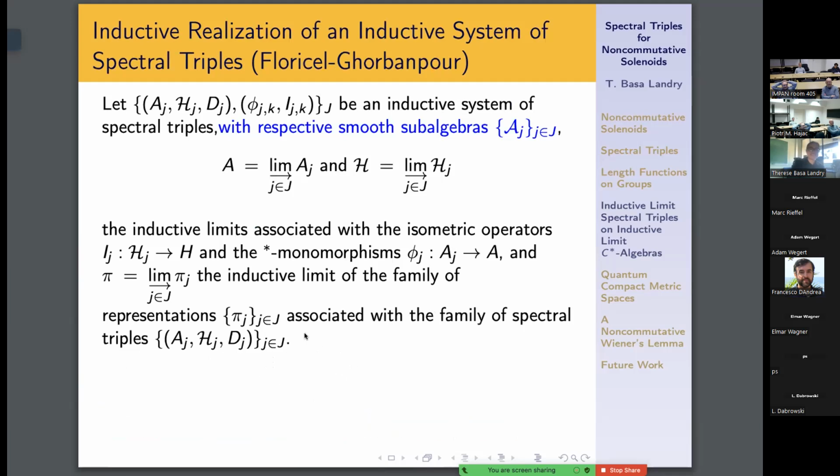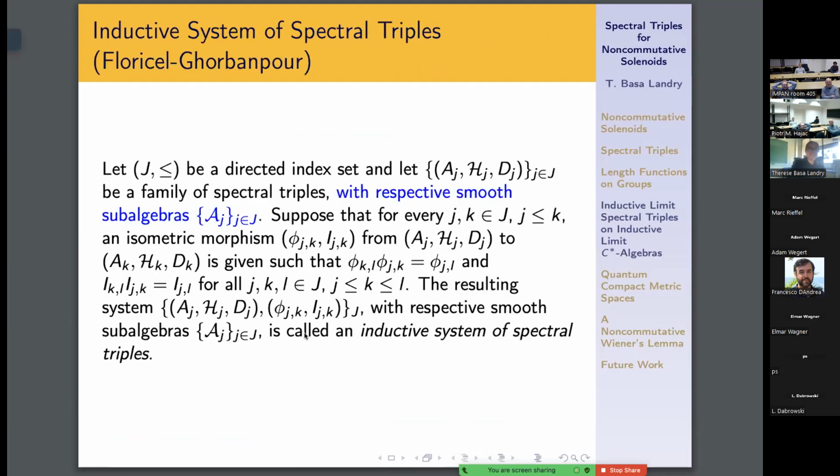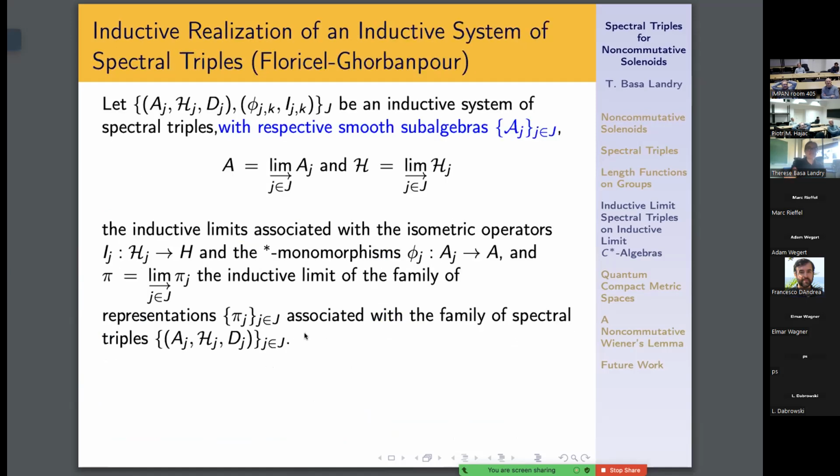So here's just an inductive system of spectral triples, but there's also a subtlety: there's a way to define the inductive realization of an inductive system of spectral triples. And that's where one starts to be more careful about the different domains.